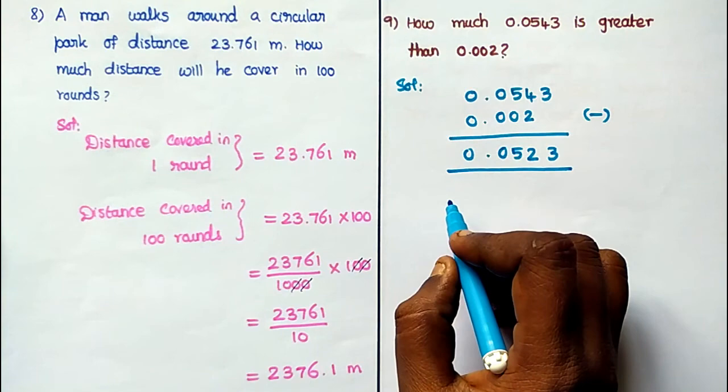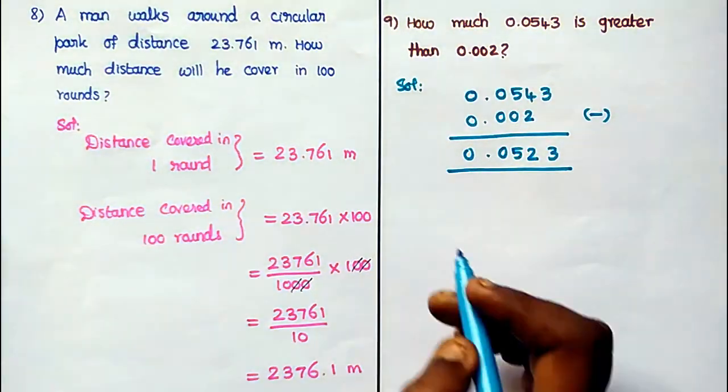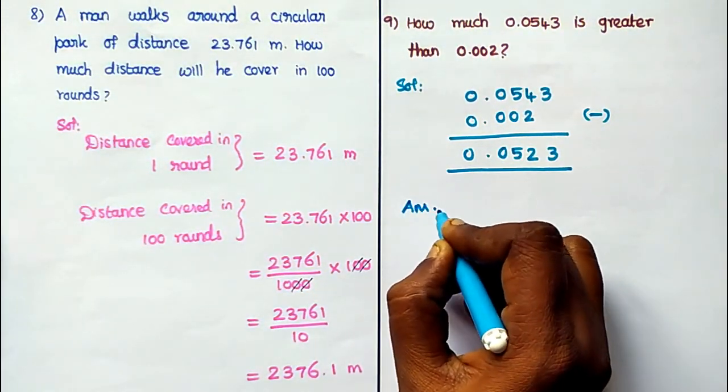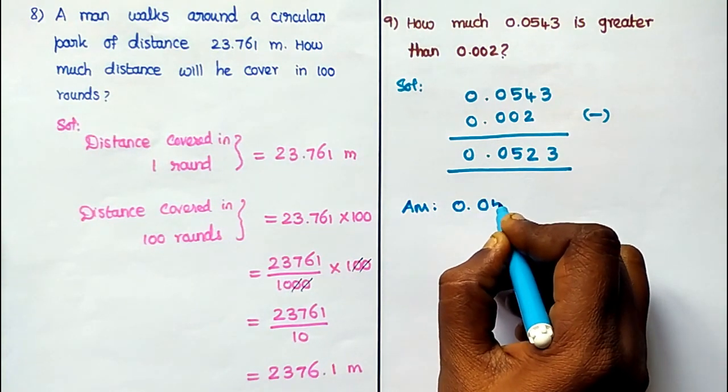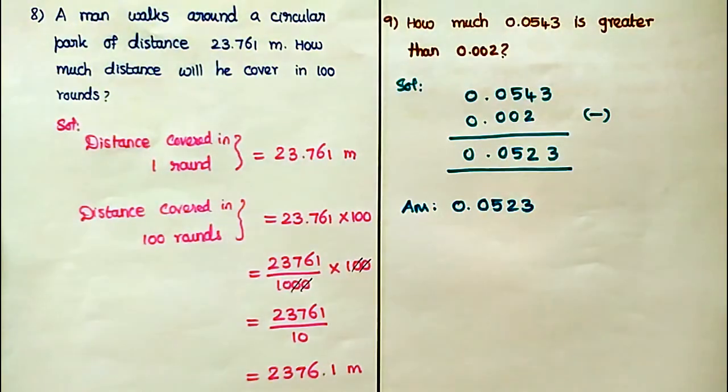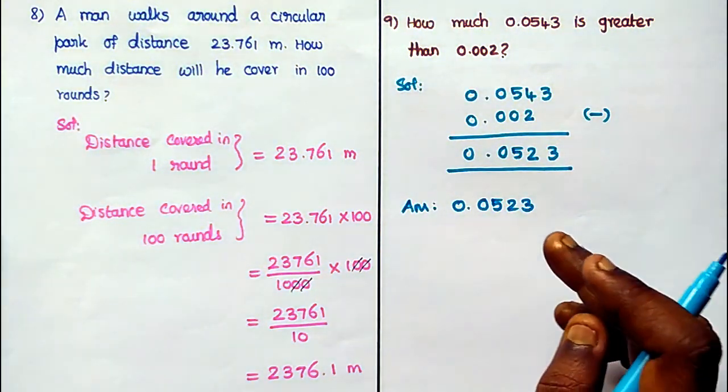So the answer: 0.0523 is greater than 0.002.